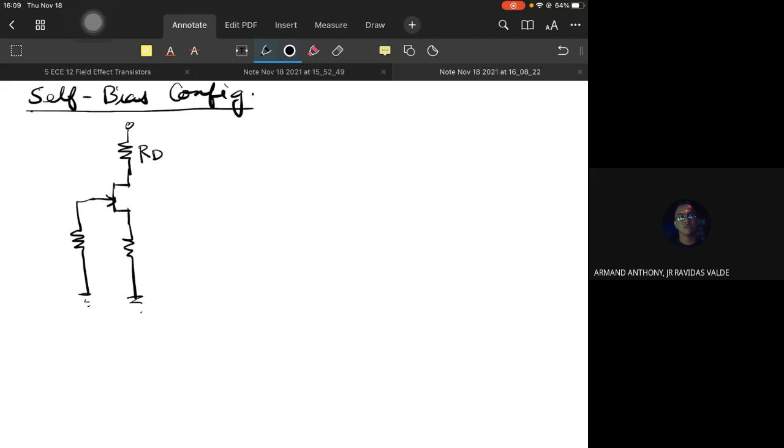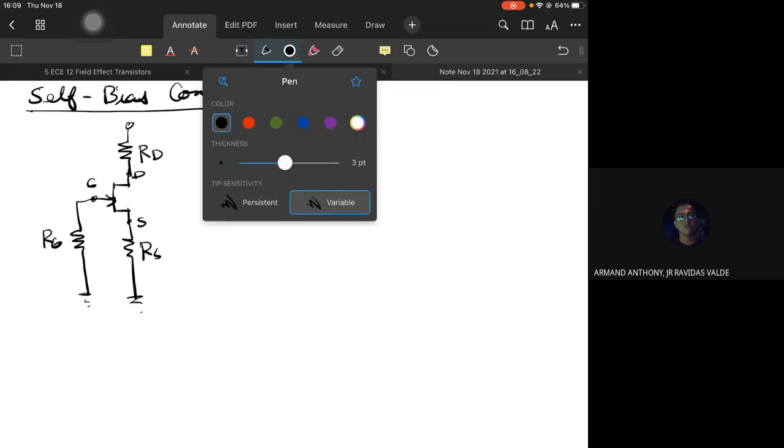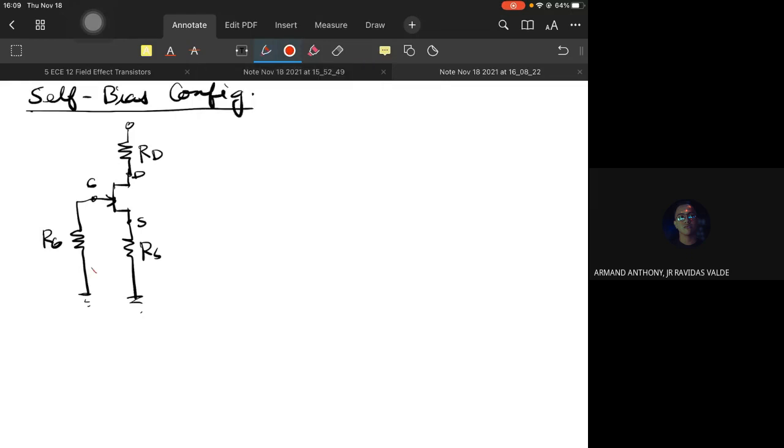RD because it's the drain. Source, so RS. Gate, so RG. And unlike the fixed bias, the source is no longer connected to the gate. Okay, so if we derive, we apply KVL there.